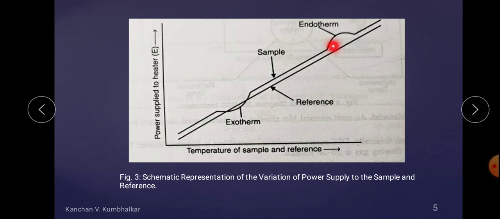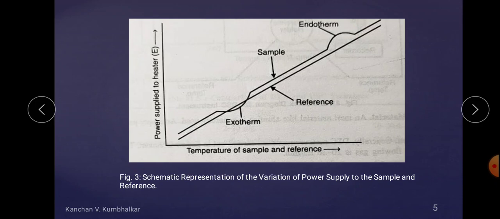But above this temperature, a difference is observed again. For the sample, there is a requirement of more power supply. For heating the sample, the power requirement of the heater increases.